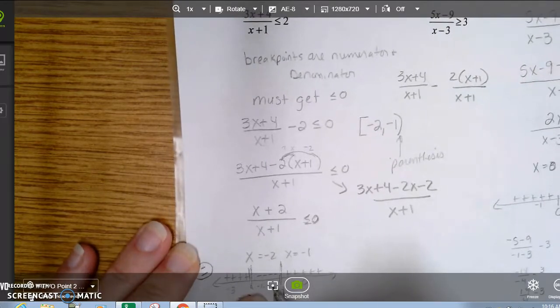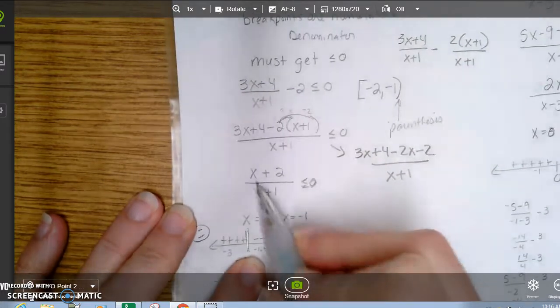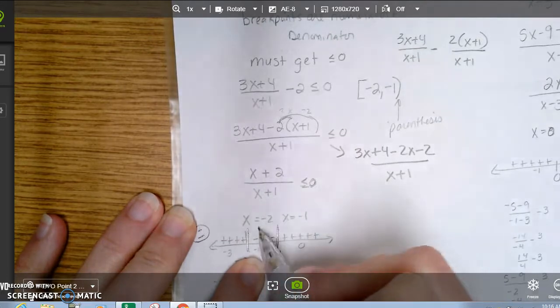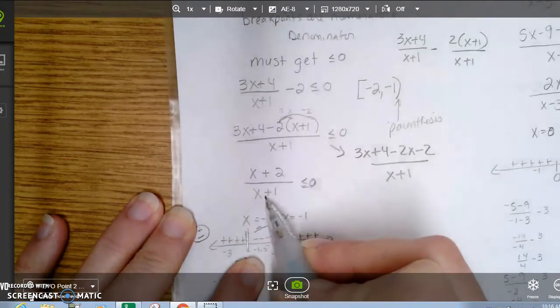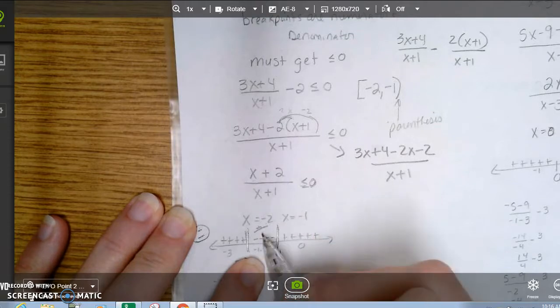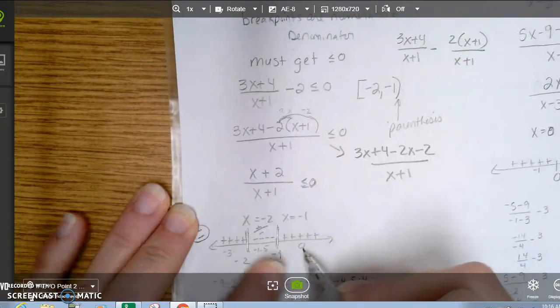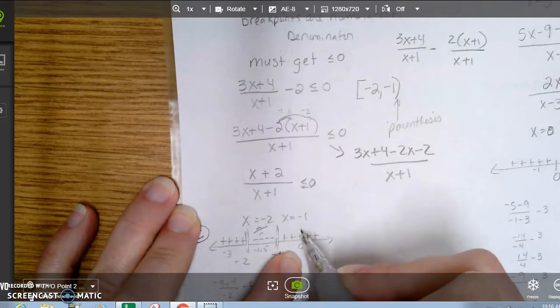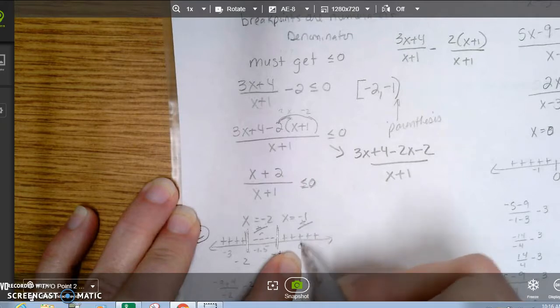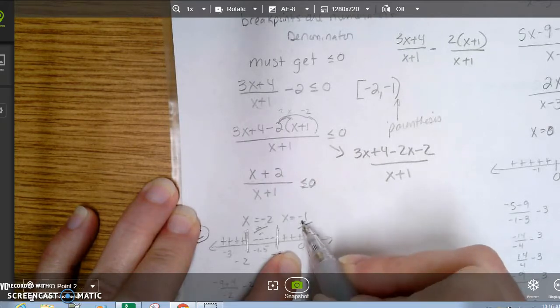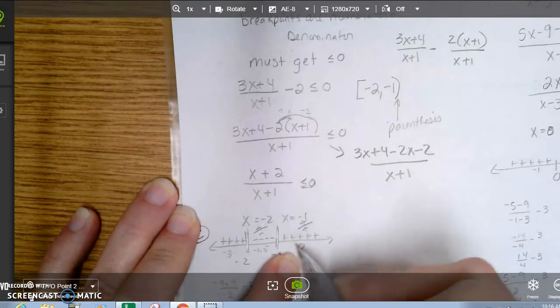Then I test this one. -1.5 plus 2 is positive. -1.5 plus 1 is negative. Positive divided by negative is negative. And then I test in here. I'm going to test 0. So 0 plus 2 is positive. 0 plus 1 is positive. Positive divided by positive is positive.